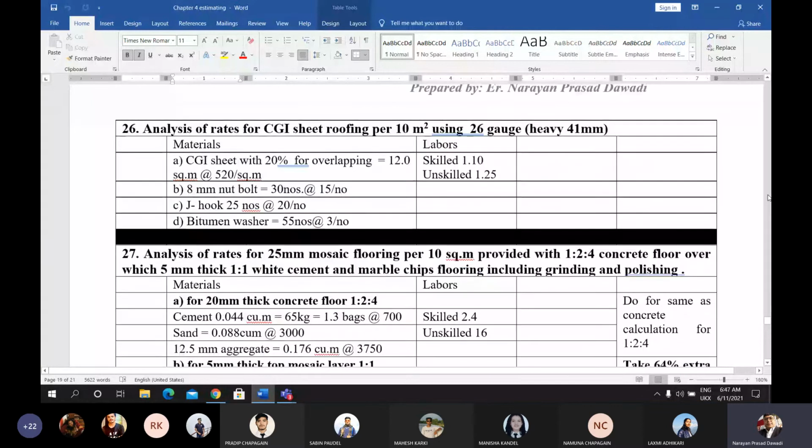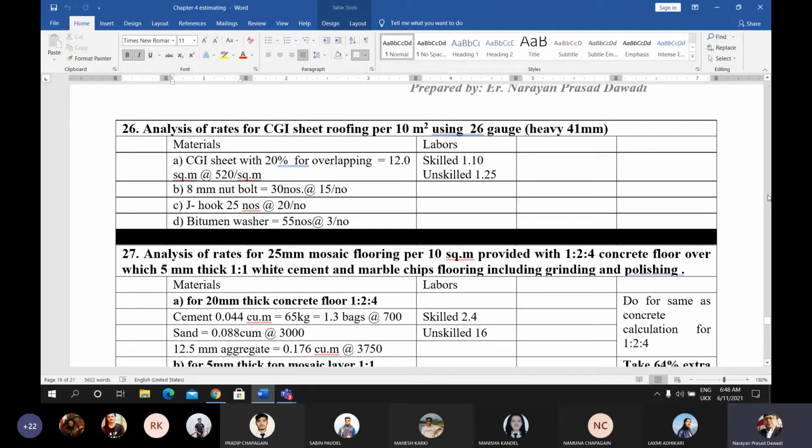Now, analysis of rate for CGI sheet roofing for 10 meter square using 16 gauge heavy, 41 thickness CGI sheet. This is the analysis of rates for roofing purposes. We use the Jasta Pata, the corrugated galvanized iron sheet, available in the market in different gauges.